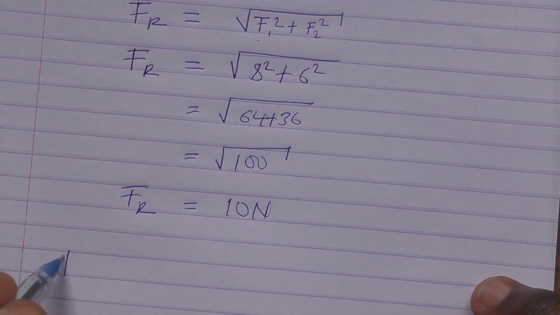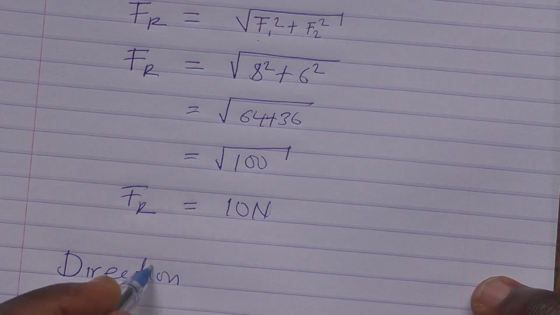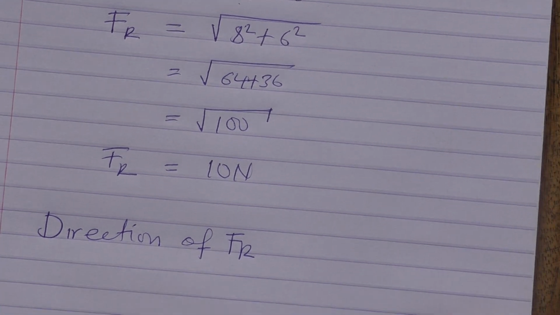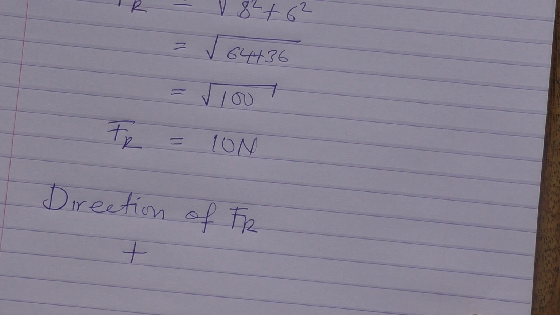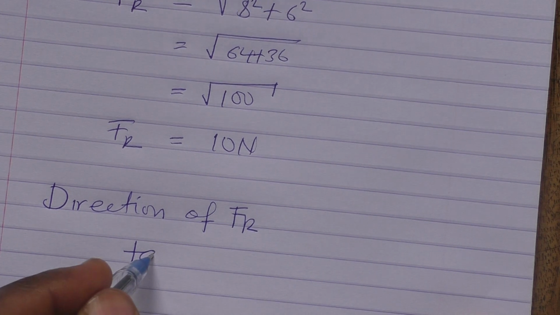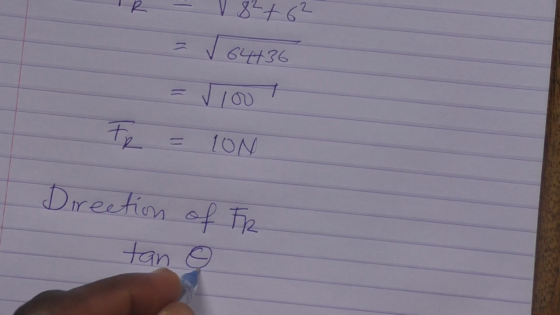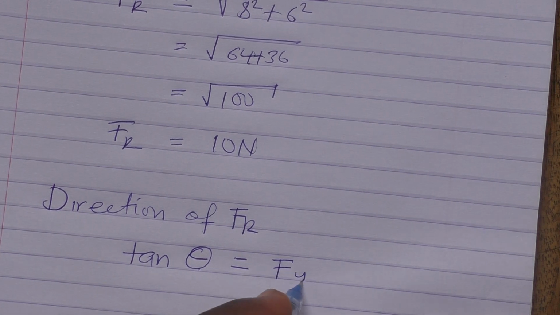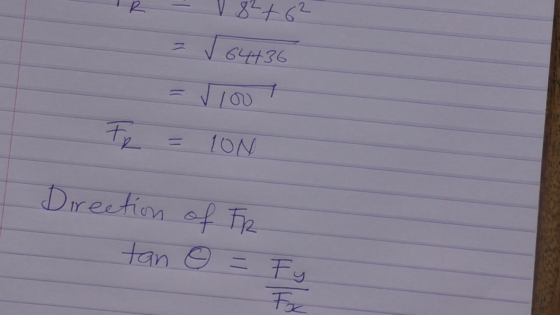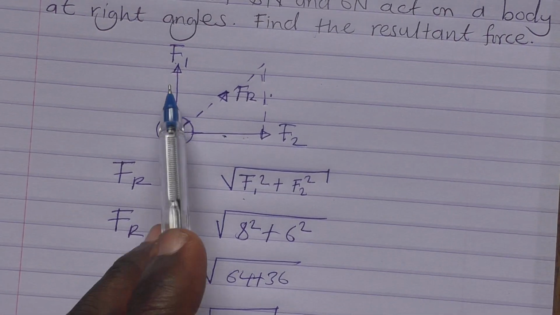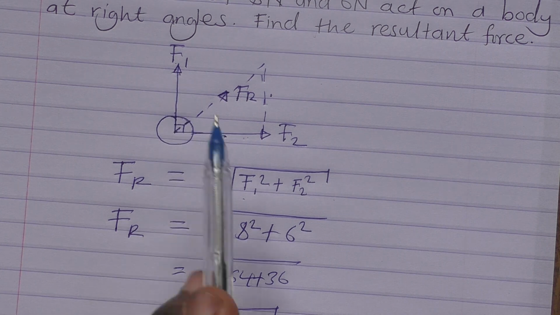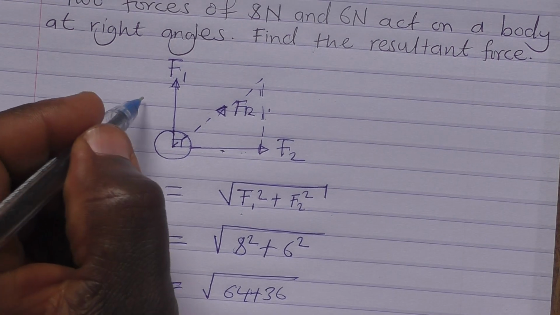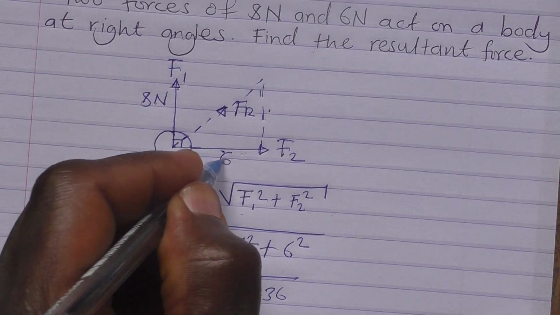The direction of the resultant force, Fr, is given by SOH CAH TOA. That is tan theta, where theta is the direction, equals the vertical component over the horizontal component. Remember, our vertical component is F1 and horizontal component is F2. Now, I'm taking this to be 8, I'm taking this to be 6.